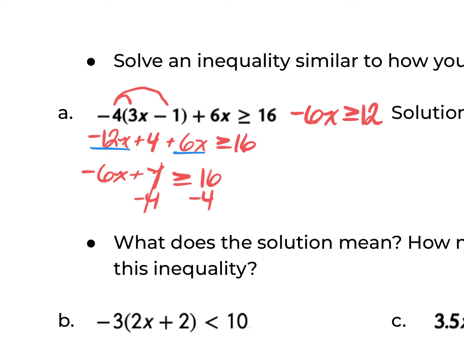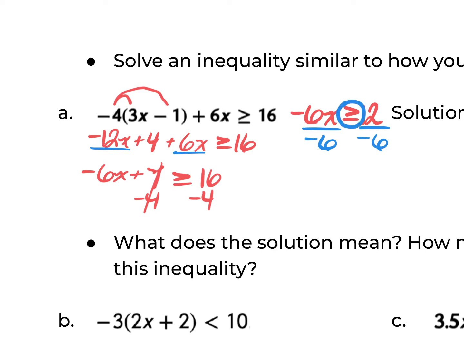Now, in this last step, in an equation, what you would do is divide by your coefficient, meaning you would divide by the number that is in front of your variable. You will also do this with your inequality. We'll do this on both sides, but what's different now is when you divide an inequality by a negative value, so we're dividing by our negative coefficient, that negative 6, you're going to flip your middle sign.